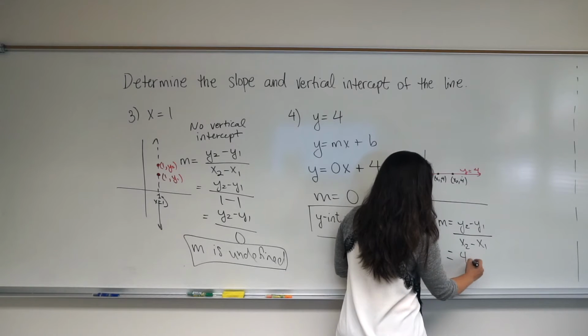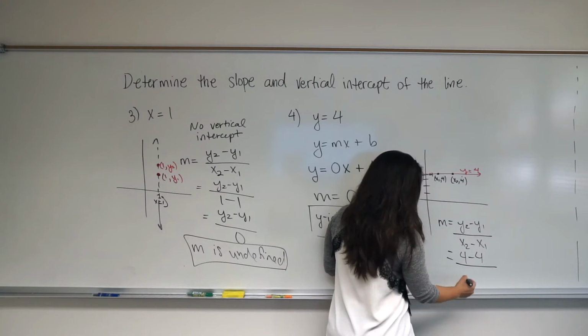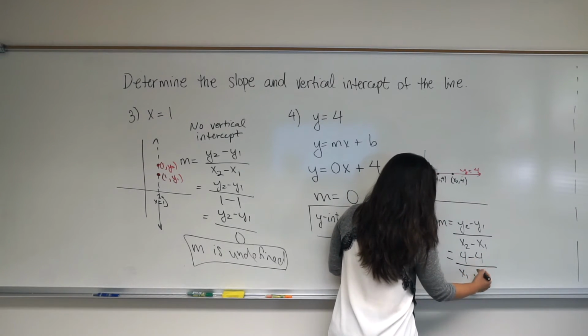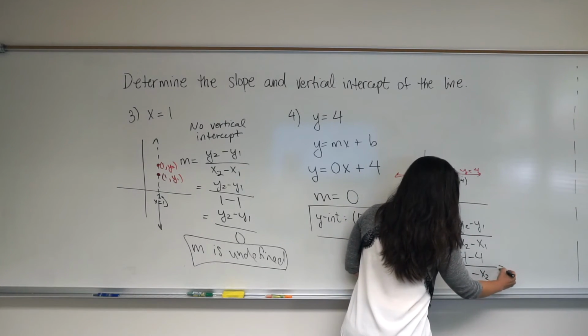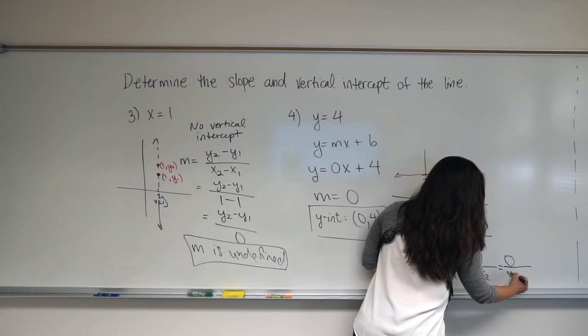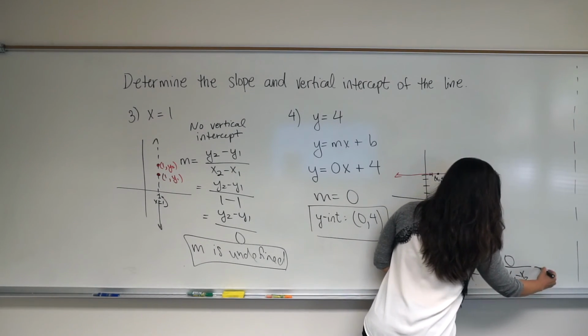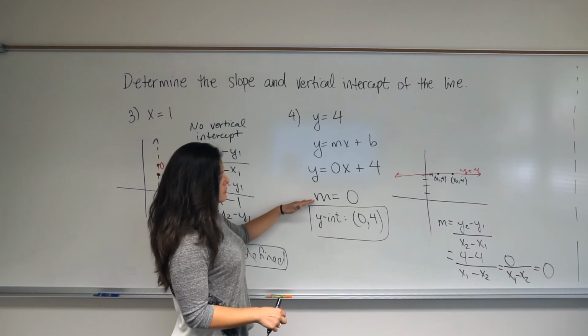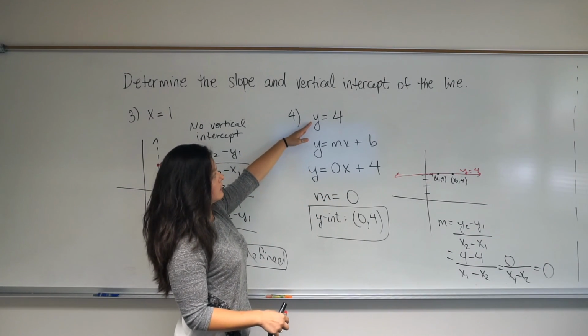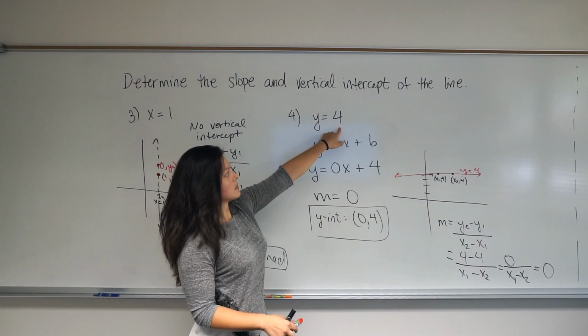So you would get 4 minus 4 in the numerator over whatever the corresponding input values are. So you'd always get 0 divided by some number, which we know is just 0. And I said earlier that our slope was 0. So that's the case for any line given to us by y equals some number.